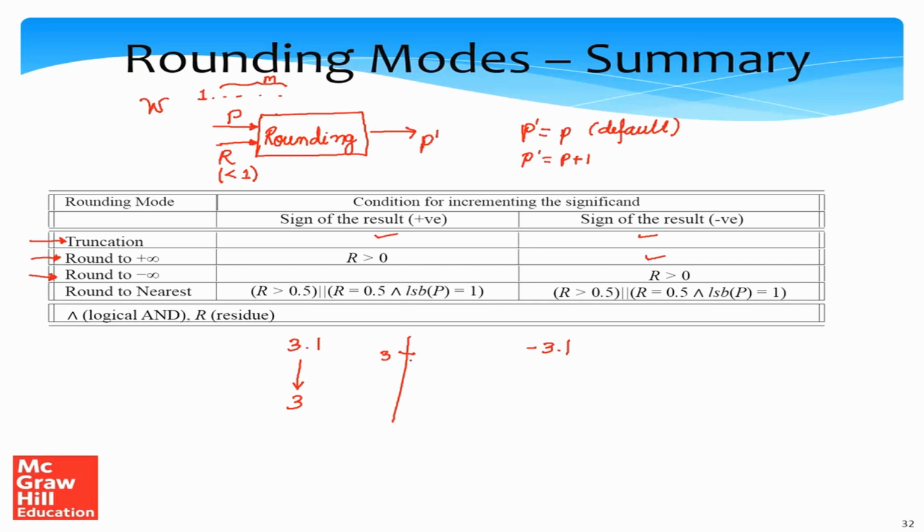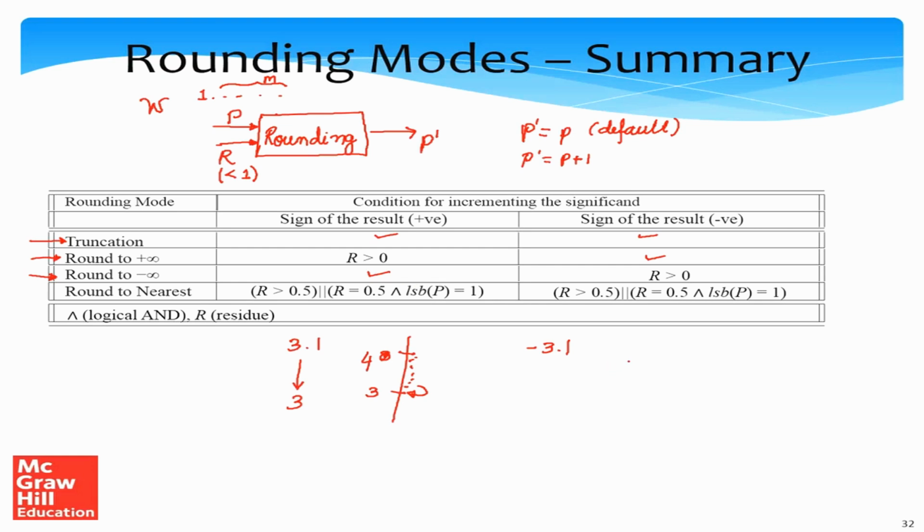So let me have 4 over here and 3 over here. So all the numbers between 3 and 4 will get rounded to 3. So what we are doing is that when the sign of the result is positive, we are discarding the residue. So that's the reason we can do our default action here.